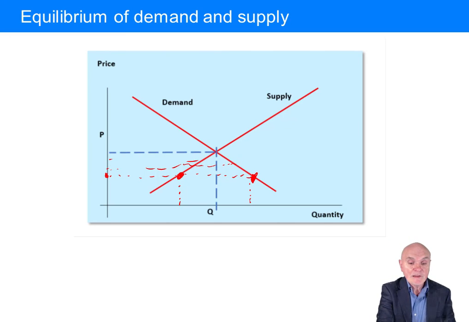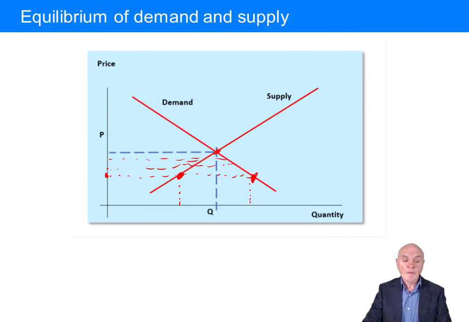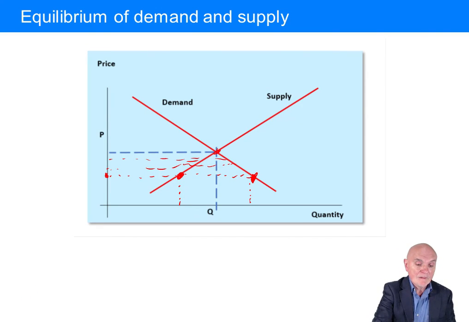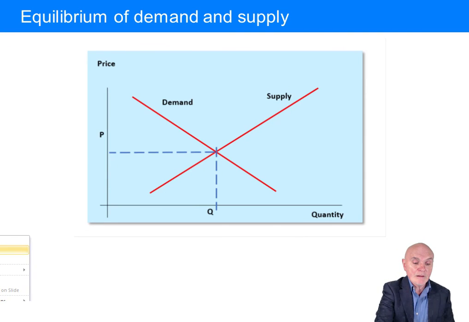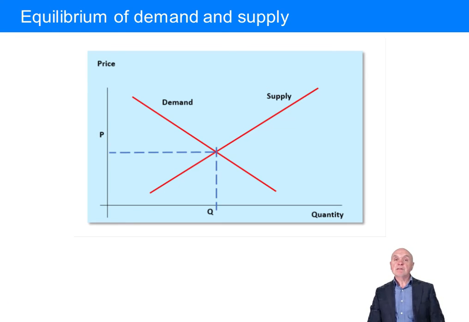It will keep moving in this direction until we reach this equilibrium point, where demand and supply are perfectly balanced. They're perfectly balanced because of price movements. The price will move up until enough is supplied at this equilibrium price to completely match what is demanded.